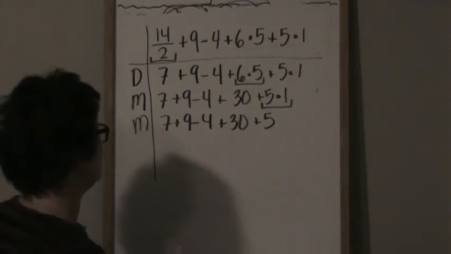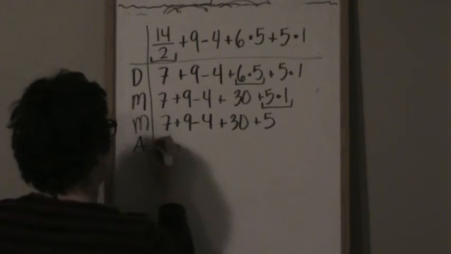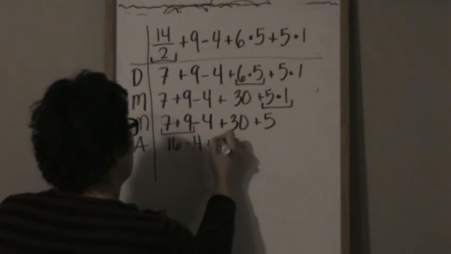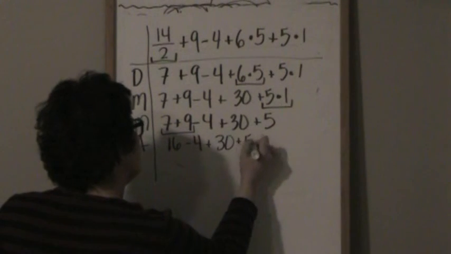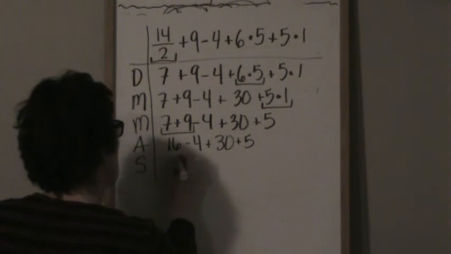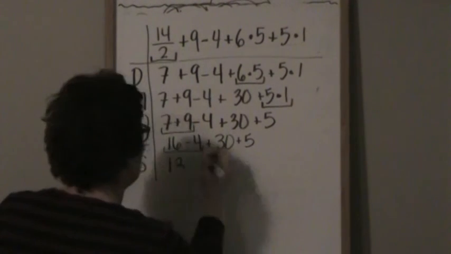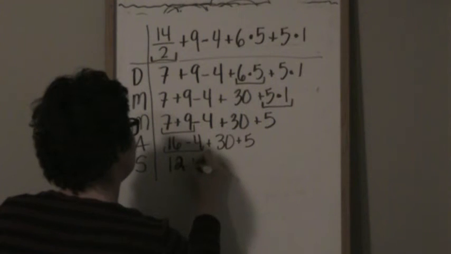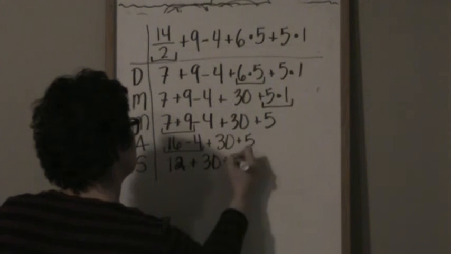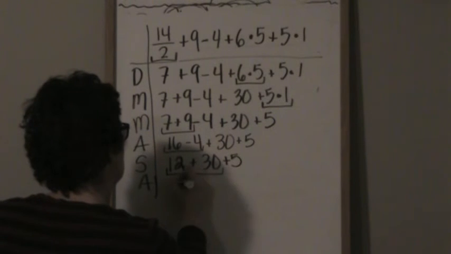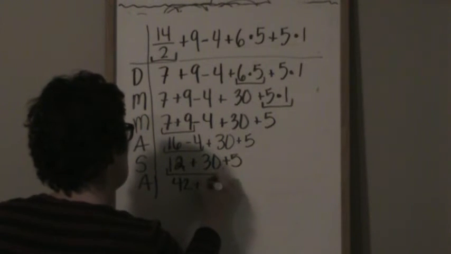Now I'm going to add, subtract, left to right. Add. 7 plus 9 is 16. Now I'm going to subtract. That's a 12. I'm going to add 42 plus 5.